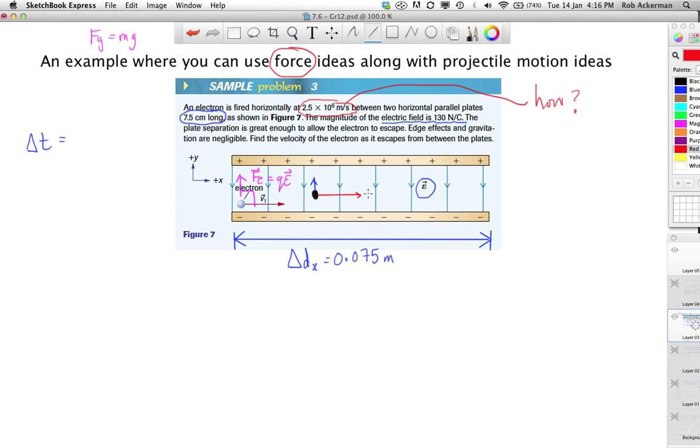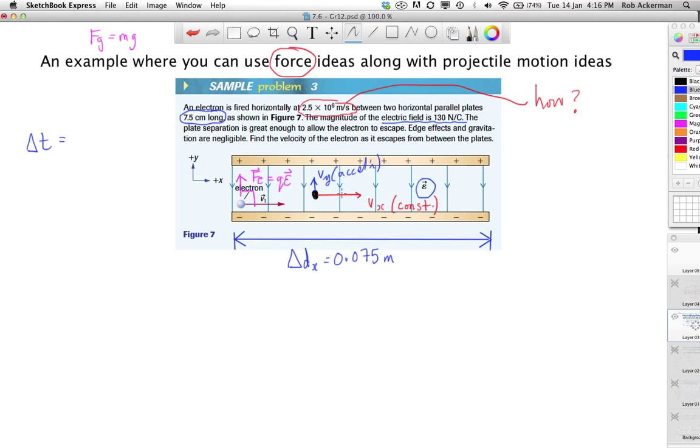This means it's going to have a y component of velocity, which I'm going to write as vy, and an x component of velocity, which I'm going to write as vx. There is no force in the x direction, so vx is constant. There is force in the y direction, so vy is changing. There is acceleration.